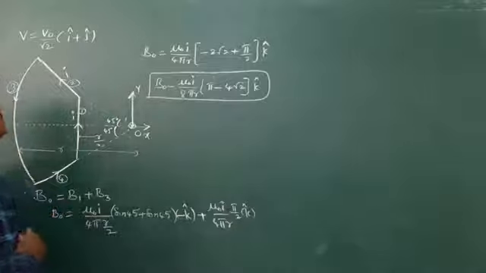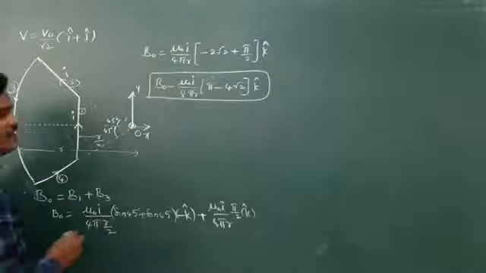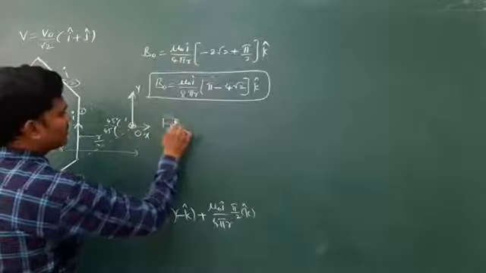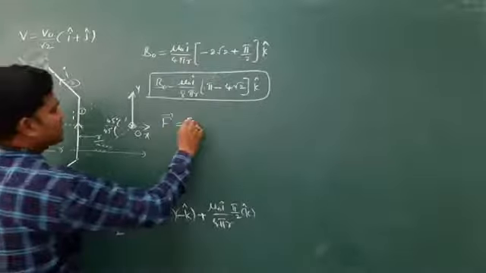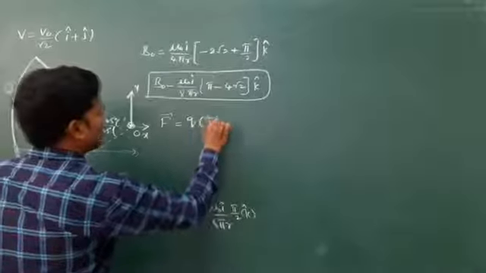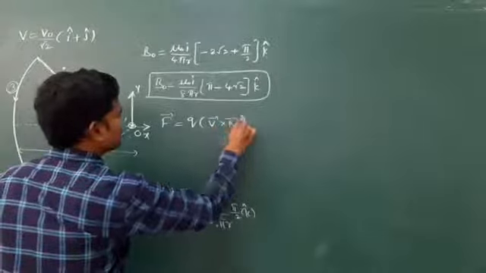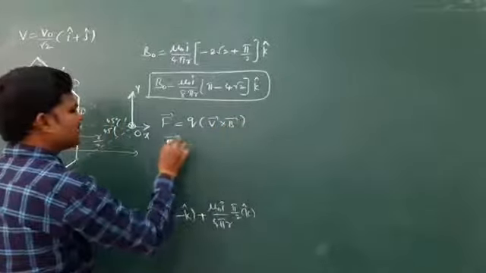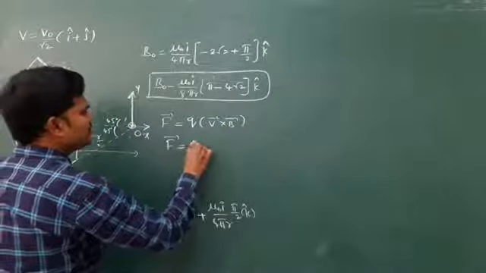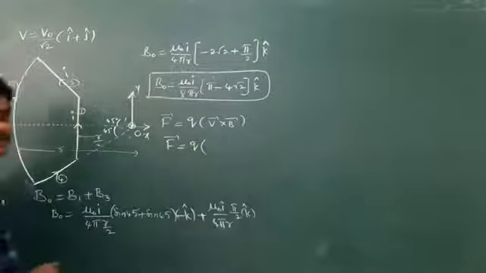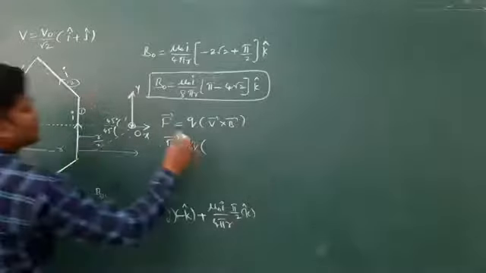Now let me find what is the force acting on the charged particle because of this field. We can write force as Q V bar cross B bar. What is V bar?